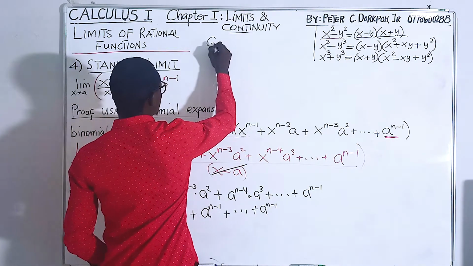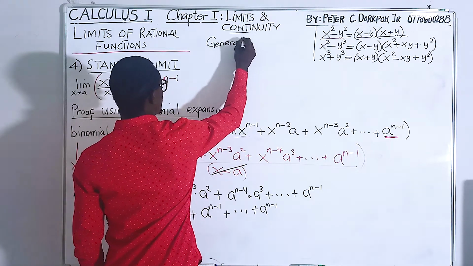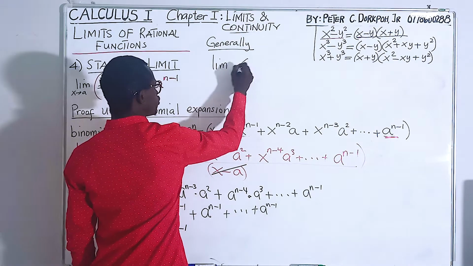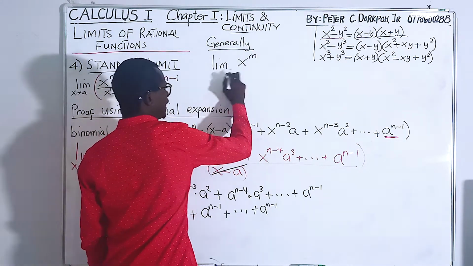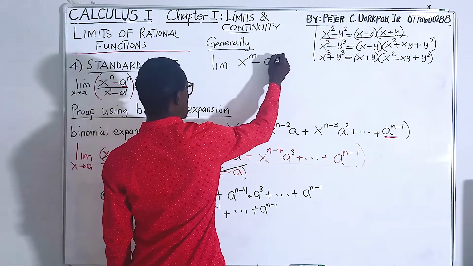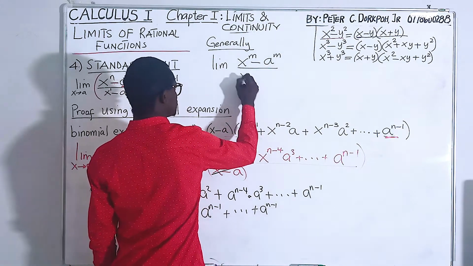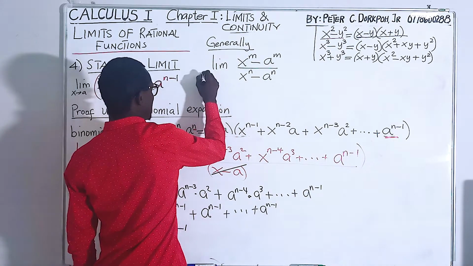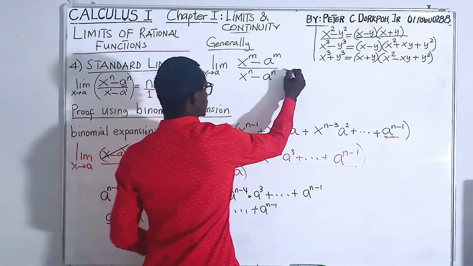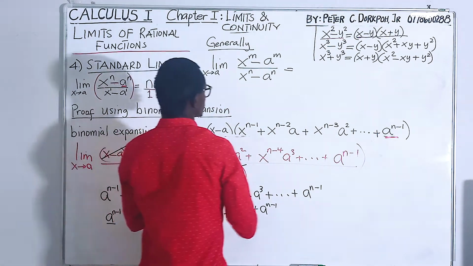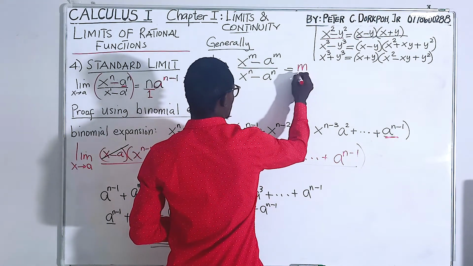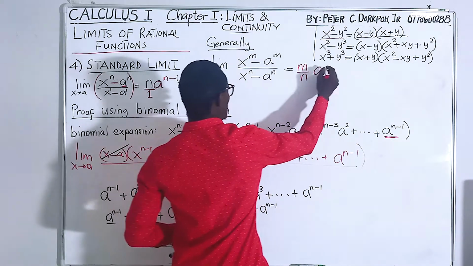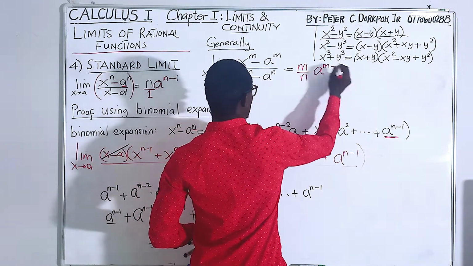So generally, we could say the standard limit of the form x raised to the power m minus a raised to the power m, all over x to the power n minus a to the power n, as x approaches a, is just equal to the power of the numerator divided by the power of the denominator, times a raised to the power m minus n.